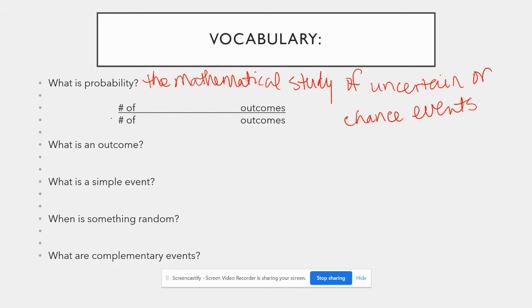It's usually written in fraction form with the number of desired outcomes over the number of possible outcomes.